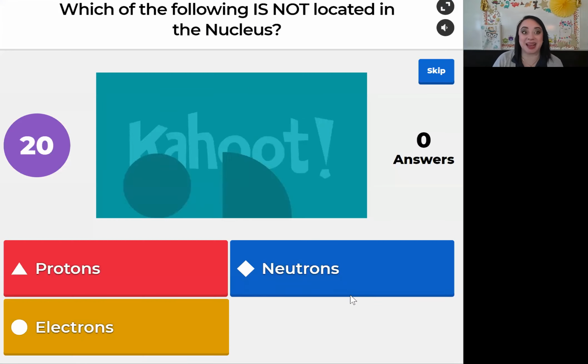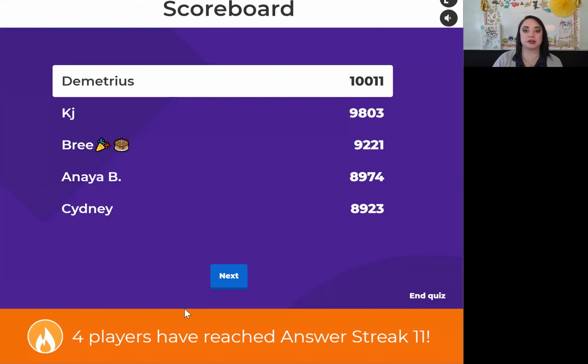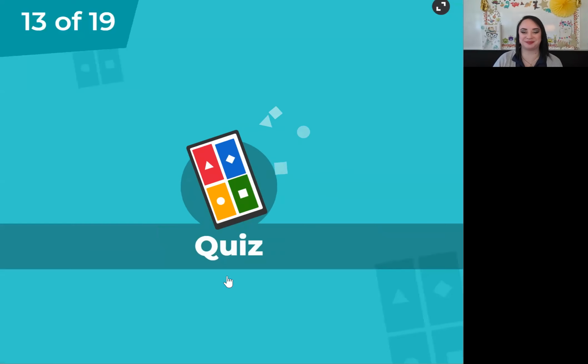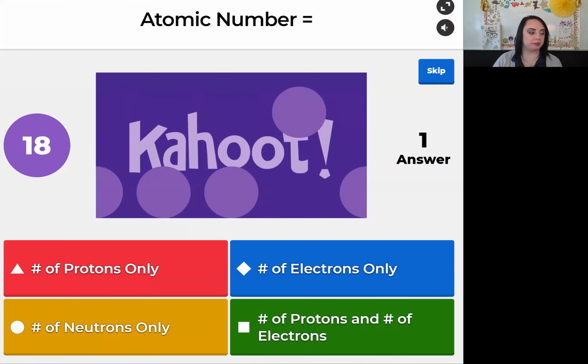Which of the following is not located in the nucleus? Good. So remember, the nucleus has protons and neutrons, and the electrons orbit around the nucleus. What does the atomic number equal to?